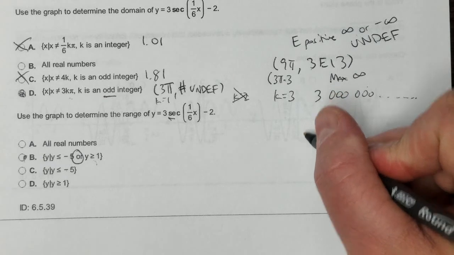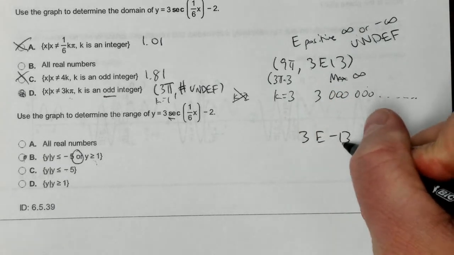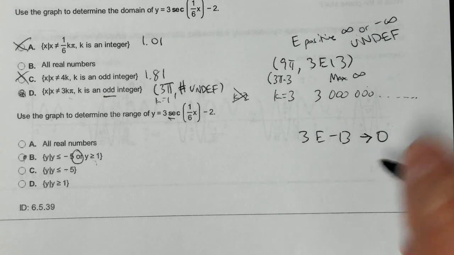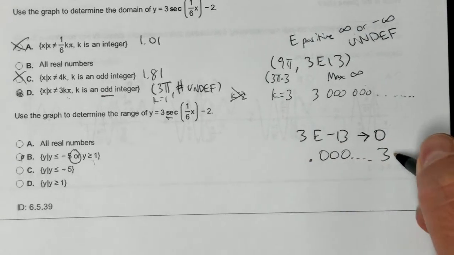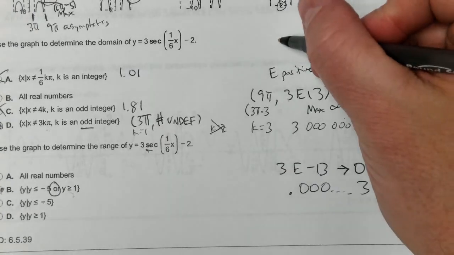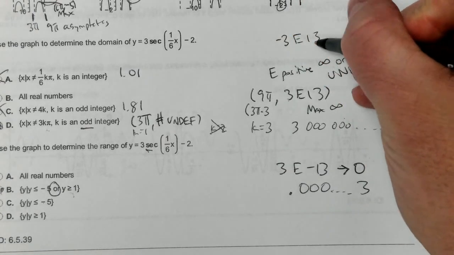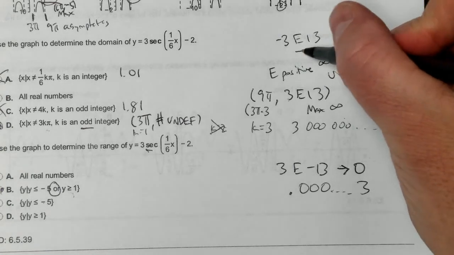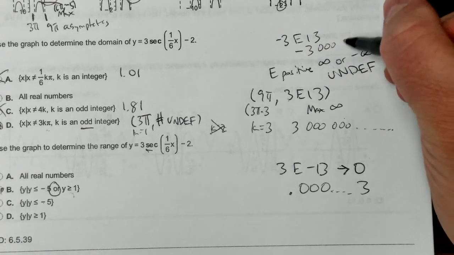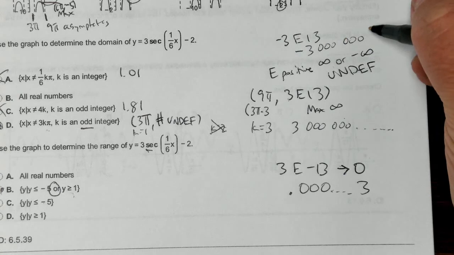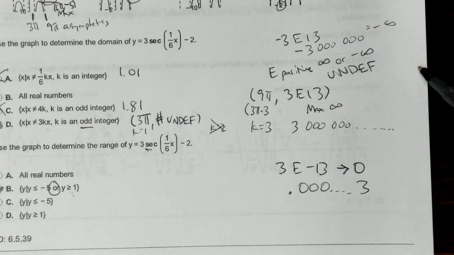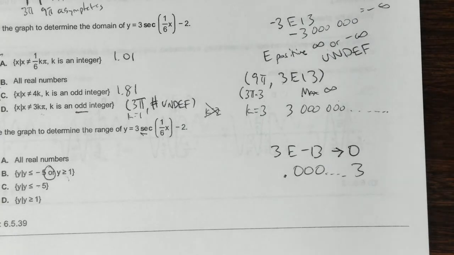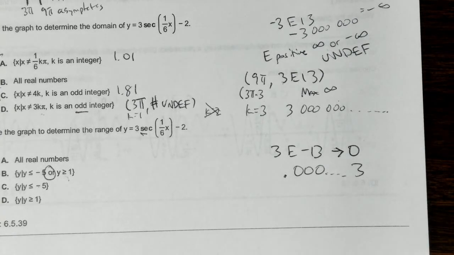If you do 3e to the negative 13, then that is really 0. But if it's negative 3e to the positive 13, then think of that as negative 3 and then a bunch of zeros, and so this is like negative infinity. So get used to all the different combinations. I know it's a little weird. You've got to be able to interpret your calculator.